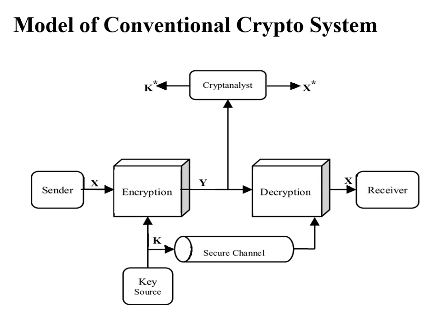Here is the model of the conventional cryptosystem, which looks similar to the symmetric cipher model we discussed earlier, where the entities involved are sender, key source, encryption, decryption, receiver, and the secure channel where the sender can share the secret key.